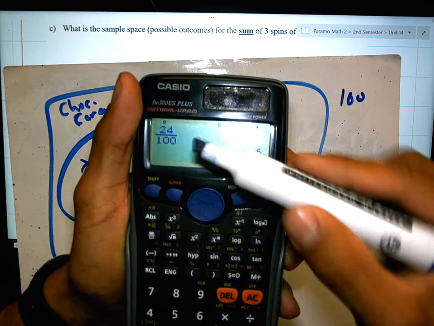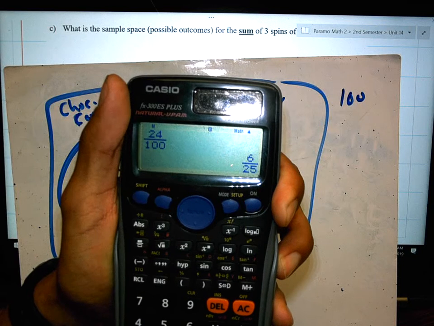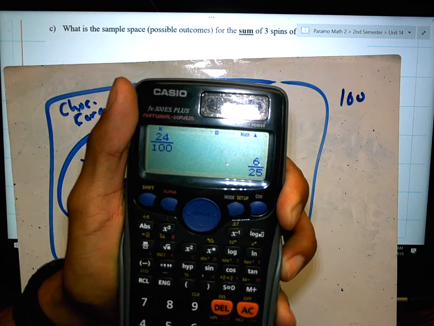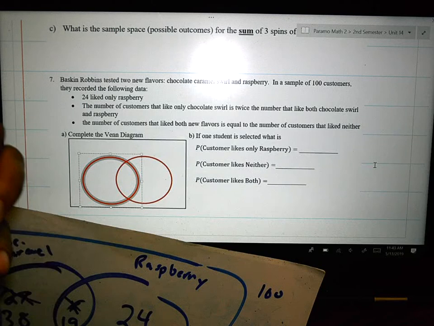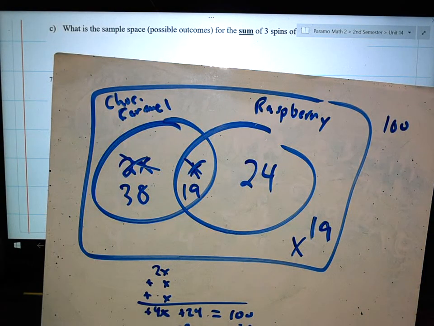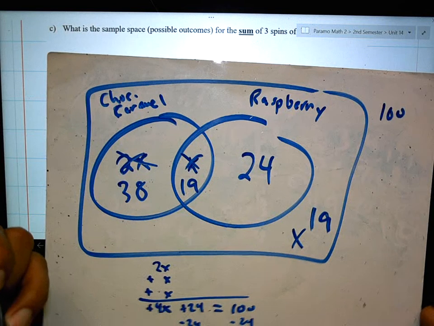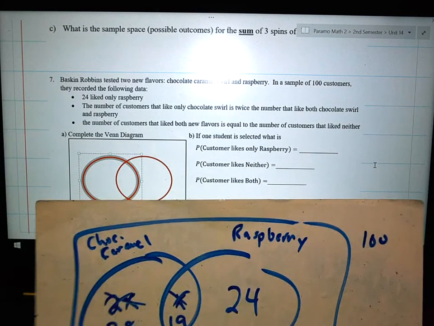If you put in 24 over 100, press equals, it will reduce it in lowest terms for you. 6 out of 25. That's your answer for the first part. A customer that likes neither, 19 out of 100. That's not going to reduce, it's prime. Customer that likes both, 19 out of 100.